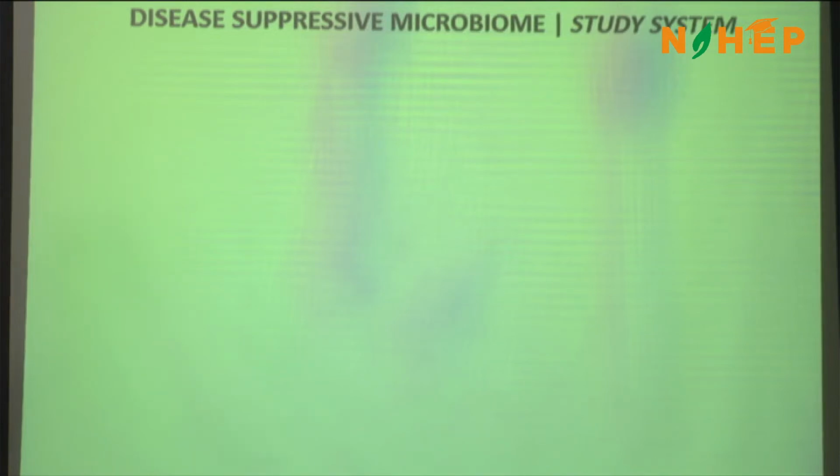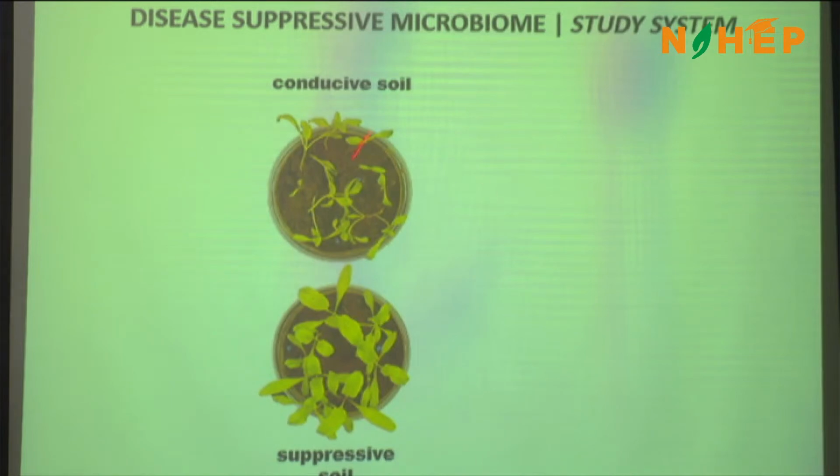I'm going to give you another example of comparative genomics of something that I did during my postdoc in the group of Joss. Working with disease suppressive soils, you have seen this picture already. Joss will expand a bit more on Monday. But here, basically, you have plants growing in suppressive soils and plants in conducive soils.